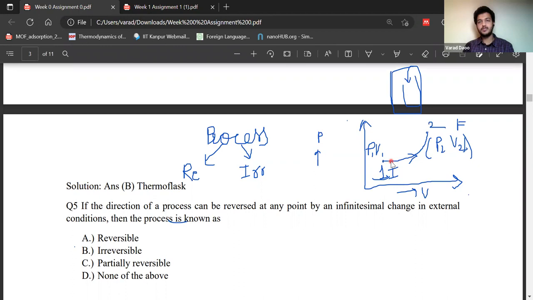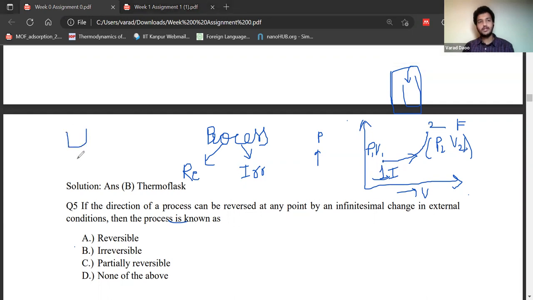An irreversible process would be a process which happens very fast. For example, you have hot water at a temperature of 90 degrees centigrade. You put this water into the surroundings, where the ambient temperature is 10 degrees centigrade. Spontaneously heat will transfer from the hot body to the cold body.